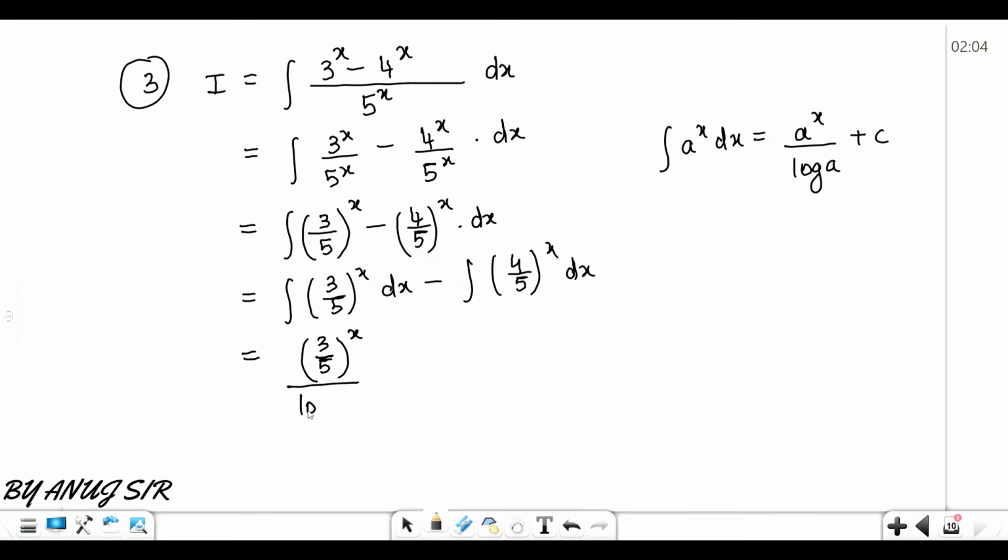So here it will be (3 upon 5) raised to x upon log of 3 by 5, minus (4 by 5) to the power x upon log of 4 by 5, and this will be plus c. Okay, I hope you understood this.